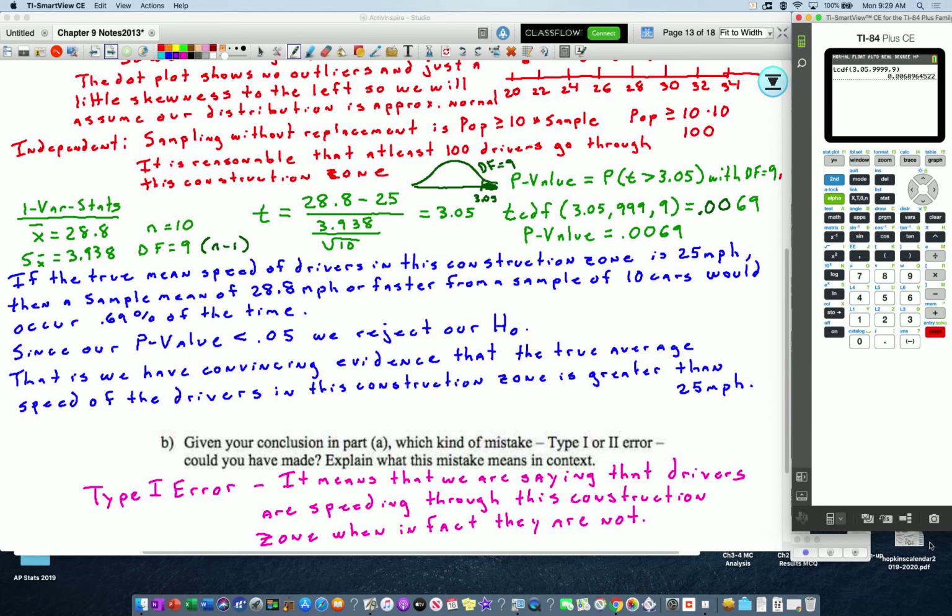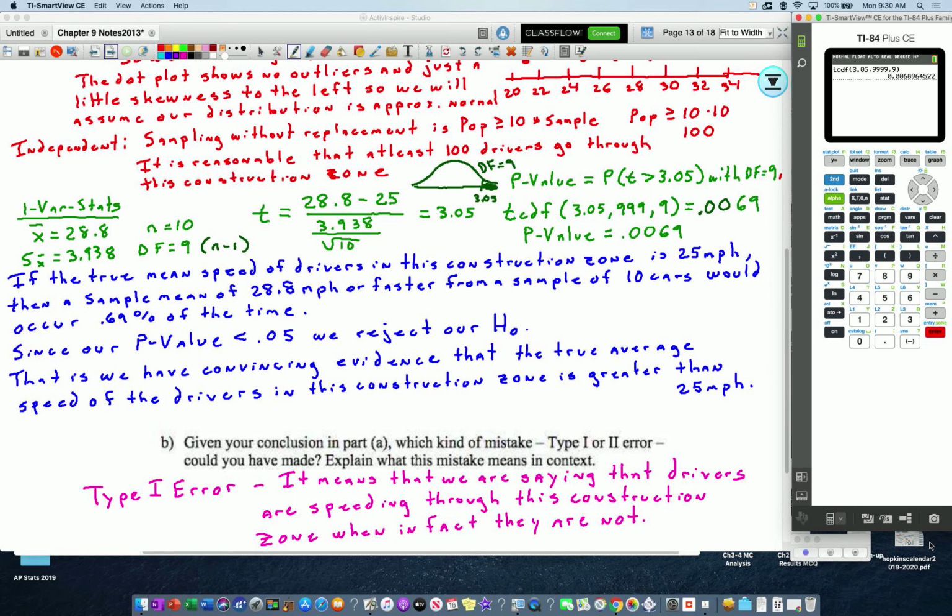Okay, so again, we interpret what it means in the context of the problem. So if our null hypothesis is true, so if the mean speed of the drivers in this construction zone was actually 25, what we think it should be, then our results, so our sample with a mean of 28.8 miles per hour or higher from a sample of 10 cars would only occur 0.69% of the time.